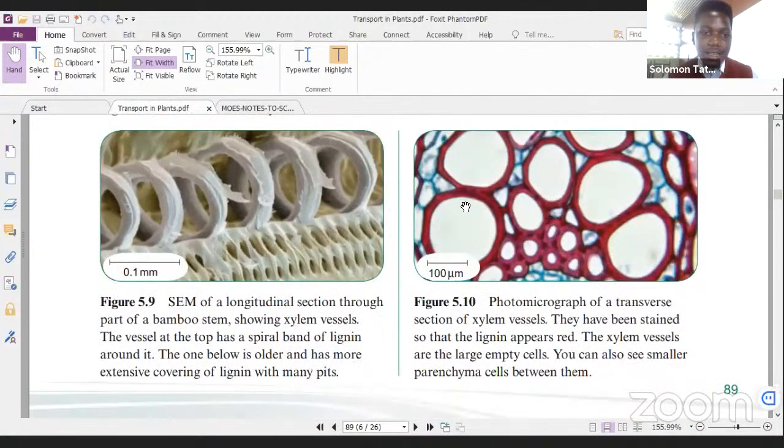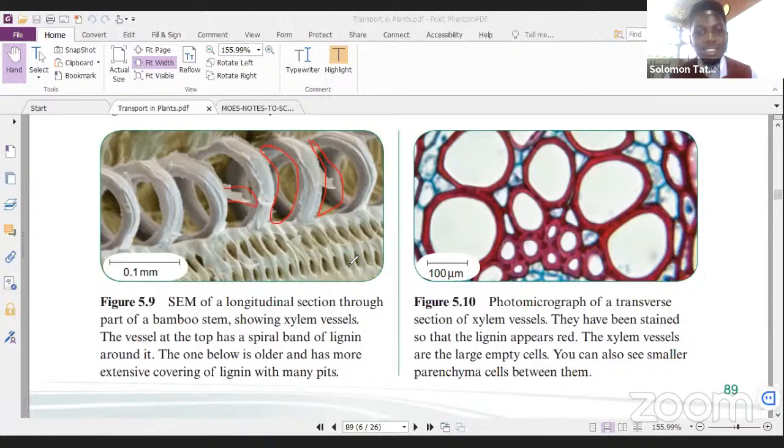Under the electron microscope, you can see the pits. This is a picture showing the pits that we're talking about and the arrangement of the lignified walls. So this is like a pit right here. And this thing here is sort of where one vessel ends.